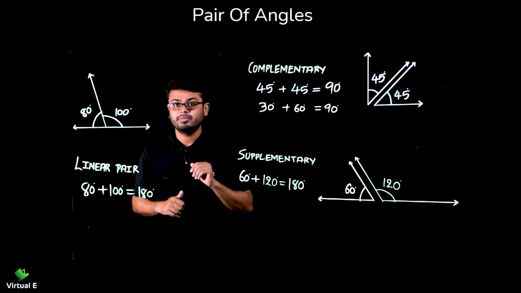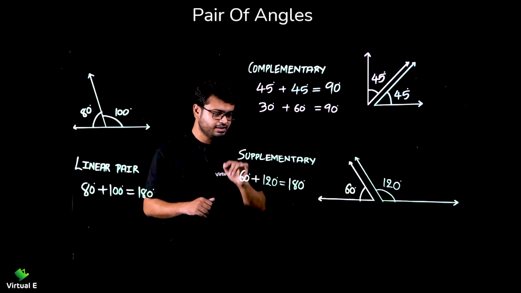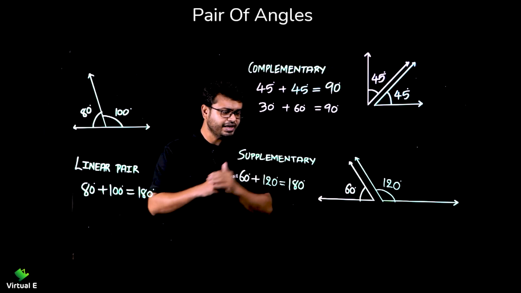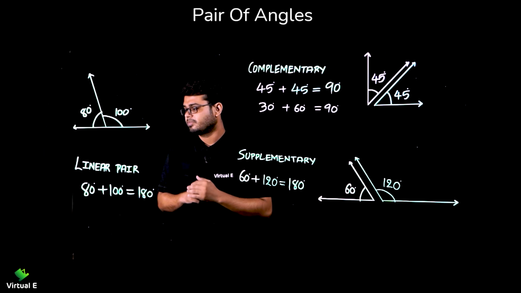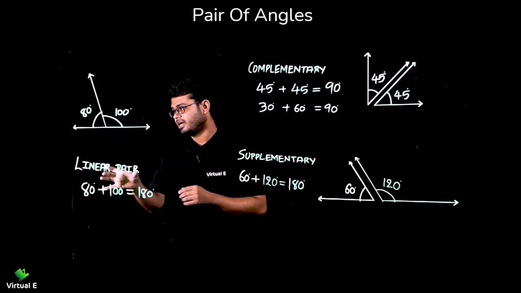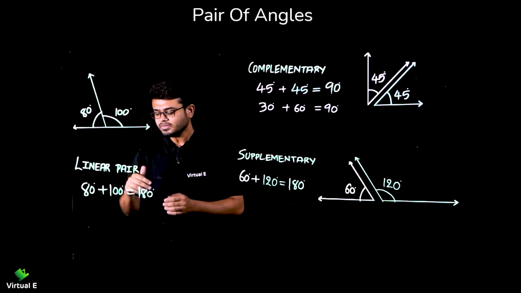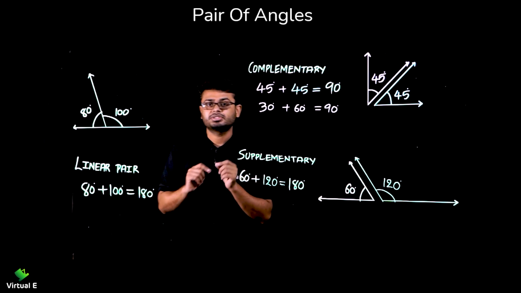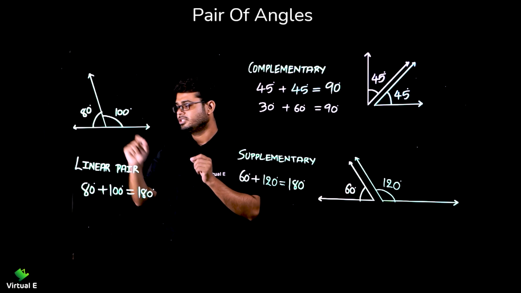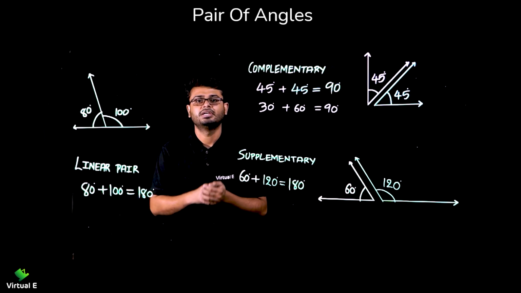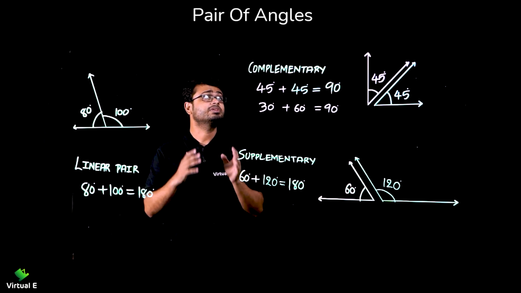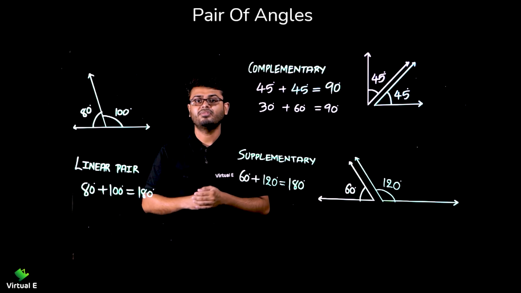If we add two angles and we get 180 degree, that is supplementary. And linear pair, if we add up two angles, we are going to get 180 degree, and the condition for that is it should be adjacent angles, right? So this is about the different cases of the pair of angles.